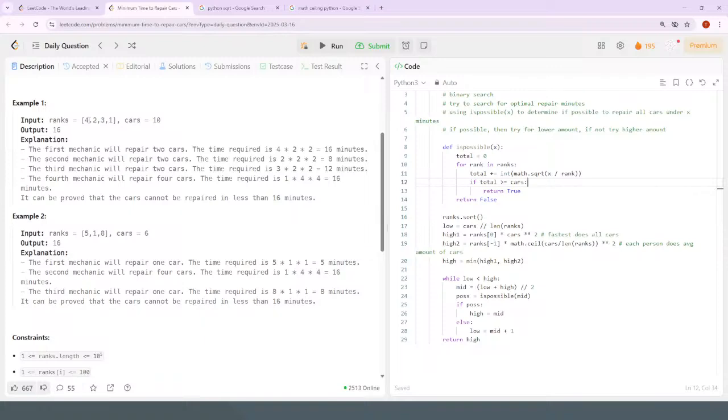For each rank, if your rank is too big, if your rank is bigger than your number of minutes, then you're not going to increase your total, and you should just return at that point.